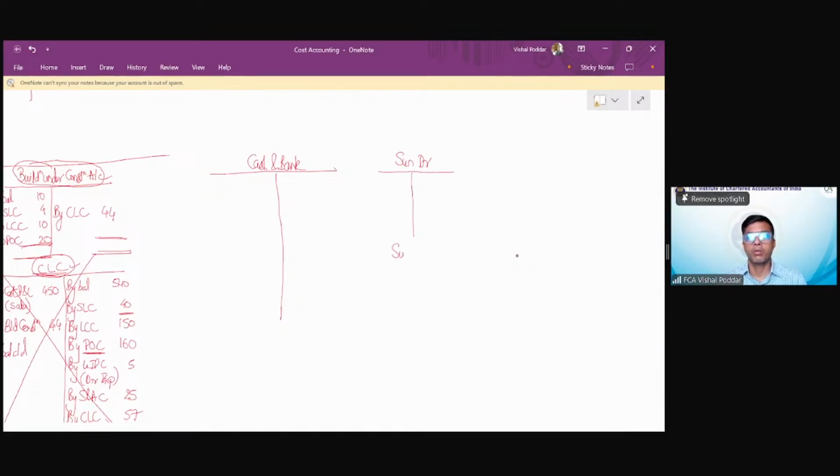I will open the account called sundry creditors. Capital and reserves. Maybe plant and machinery. Now what I will do, I will first do the posting of opening balances.